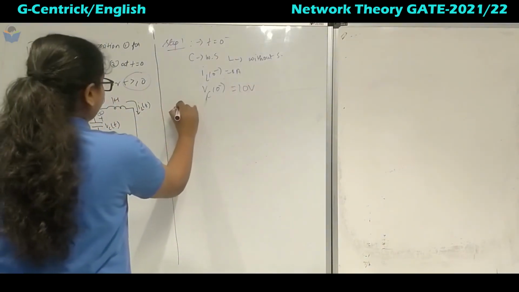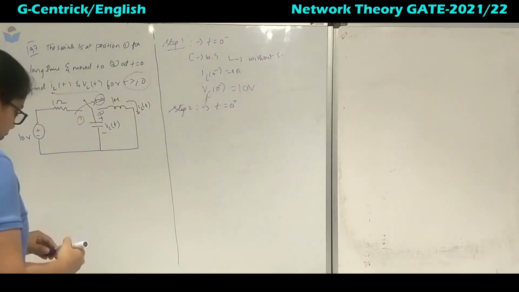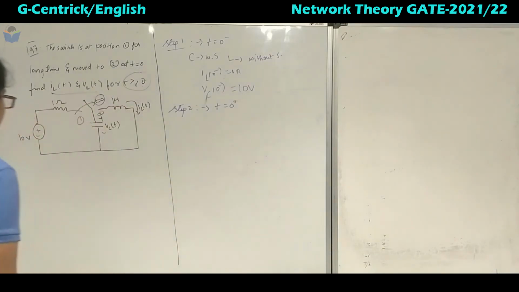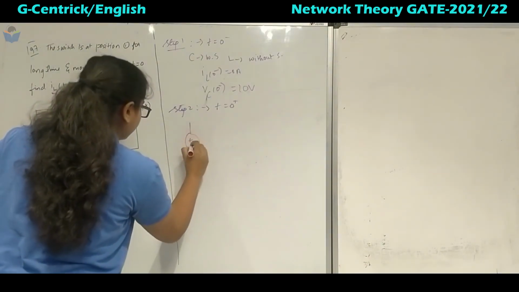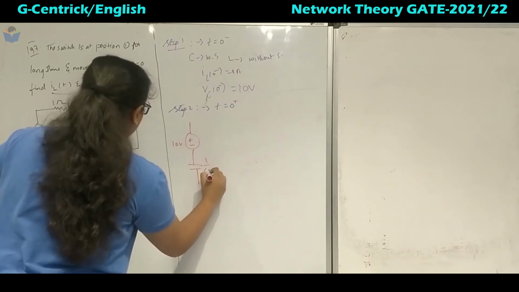Next, at step 2, t equal to 0 plus, we will move to the Laplace diagram. Since there was initial voltage present here, we will take this 10 volt and the capacitor value as 1 over Cs.